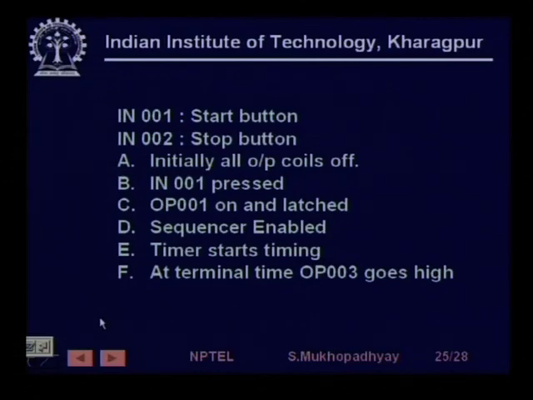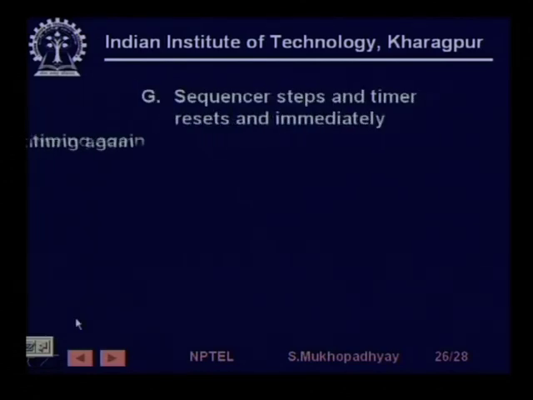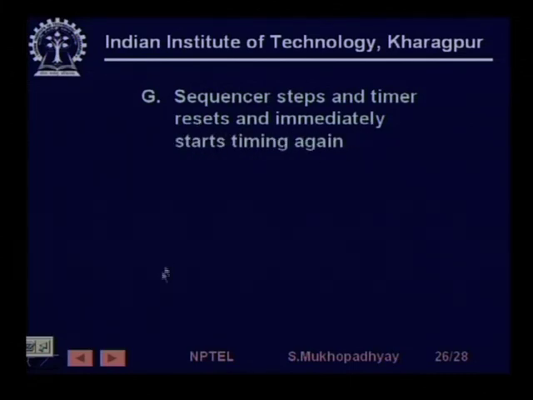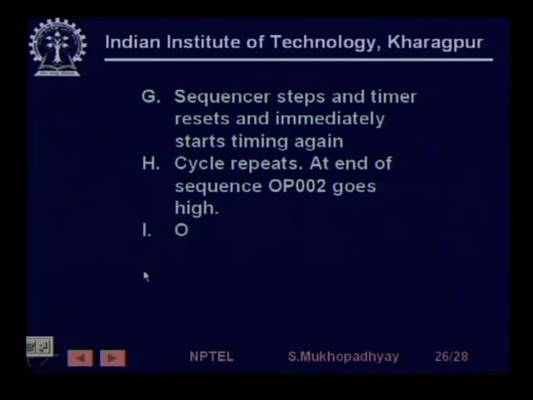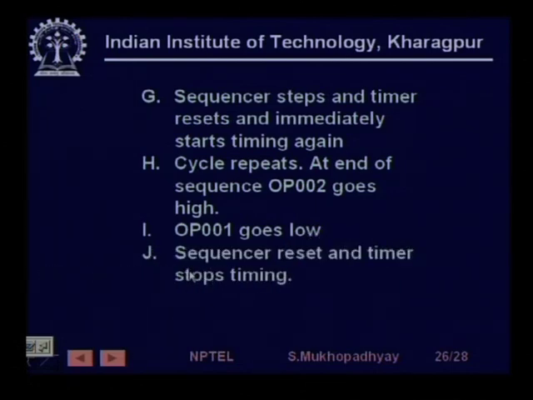At terminal time output 3 goes high, and immediately the sequencer steps, the timer resets and starts timing again. This cycle repeats. At the end of the sequence OP002 goes high, which means OP001 goes low, the sequencer resets and the timer stops timing. This is how it works.